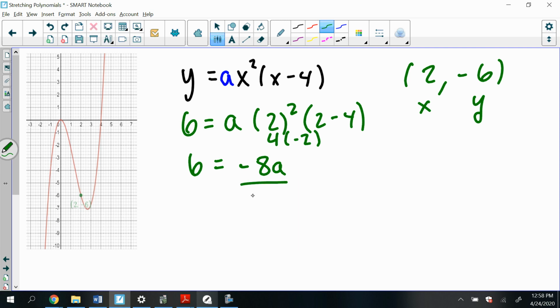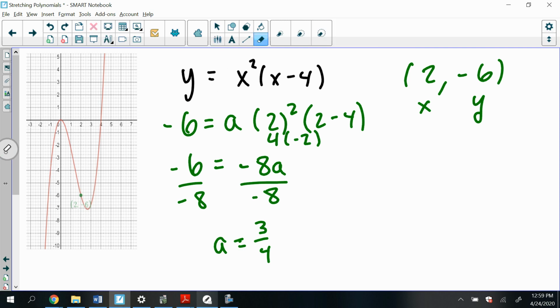I'm going to divide by a -8. And eventually it says a is 3/4. So then I could go in my calculator, maybe graph that, and that is the equation for this one. So I would say my final factored form of this is 3/4 times x squared times x minus 4. And a lot of times we leave those in factored form, but you could expand that, not too bad.